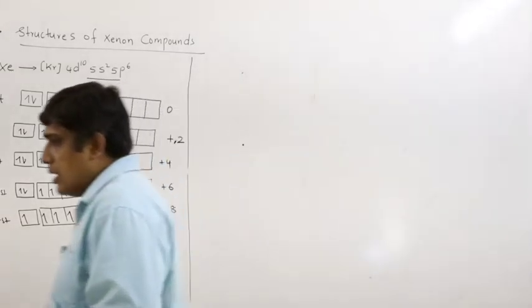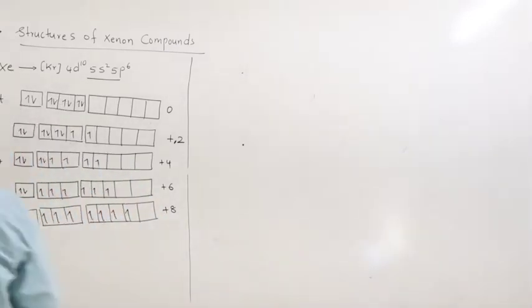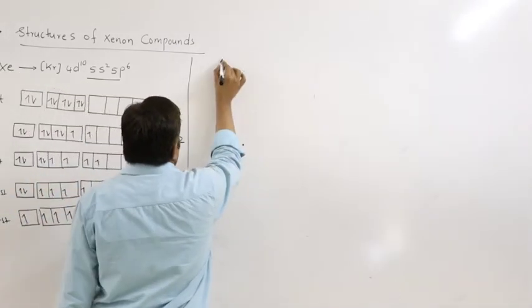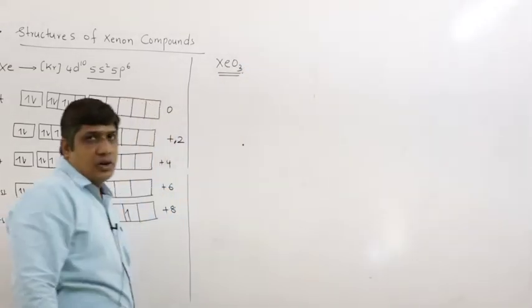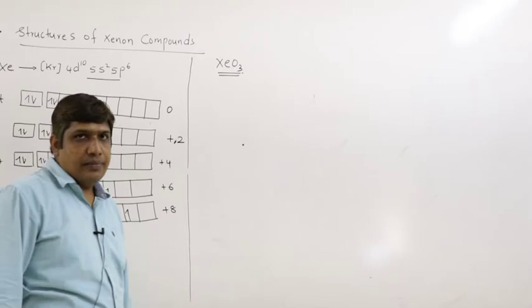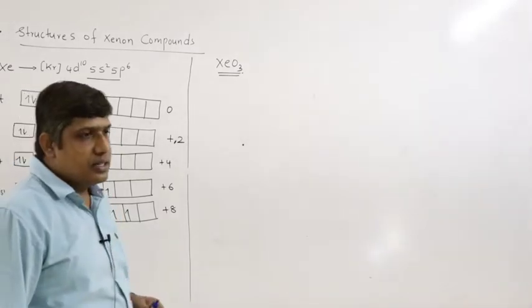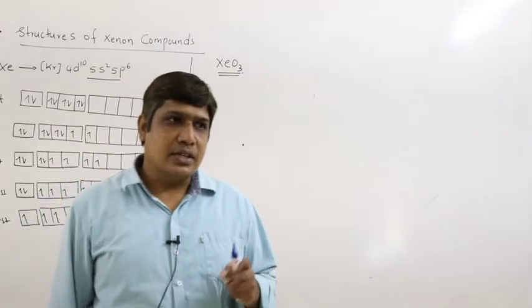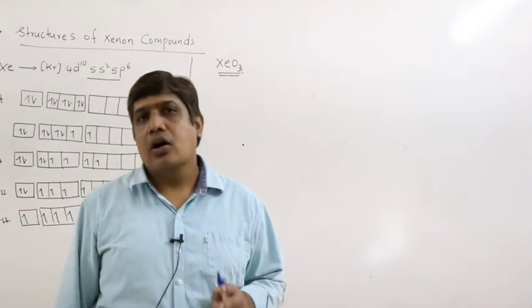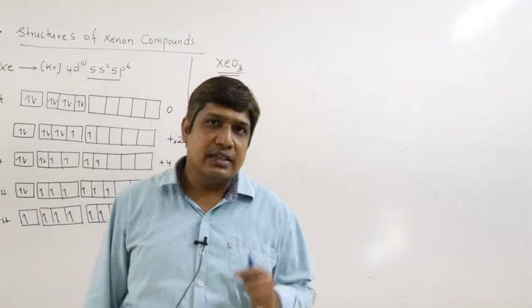So going for the next compound, that is XeO3. Xenon trioxide, XeO3. Here oxygen is divalent. That means oxygen forms either two sigma bonds or one sigma and one pi bond with a single atom.